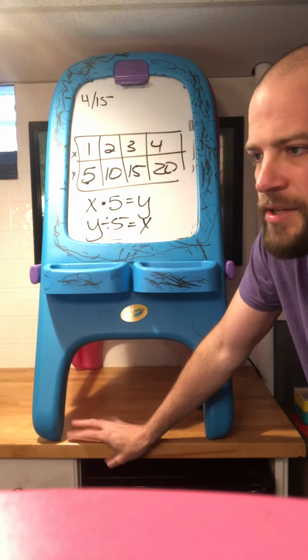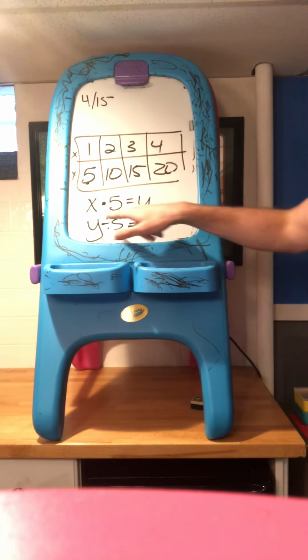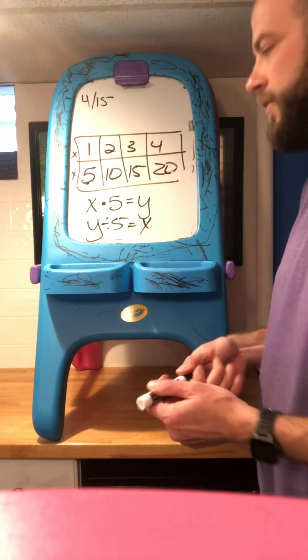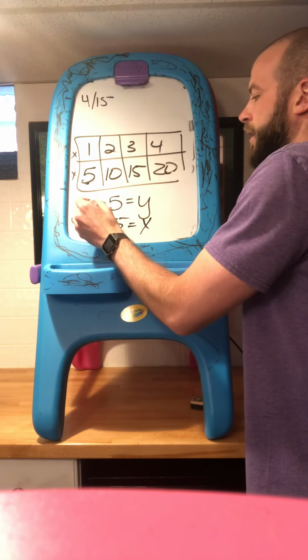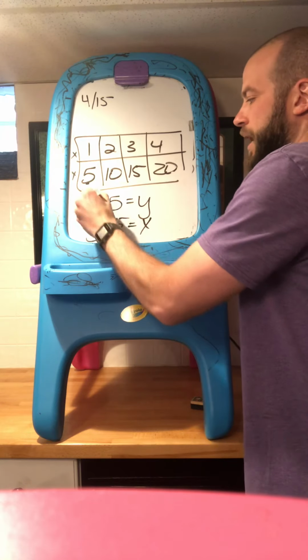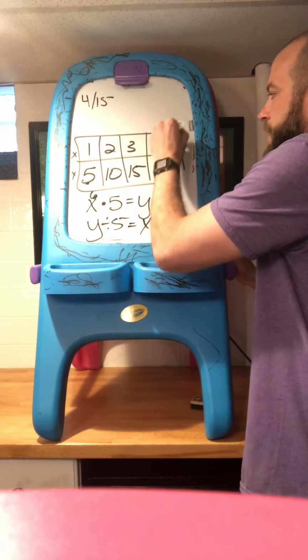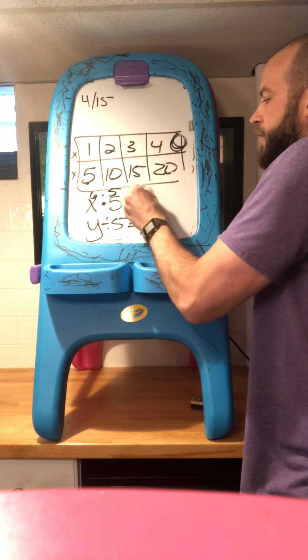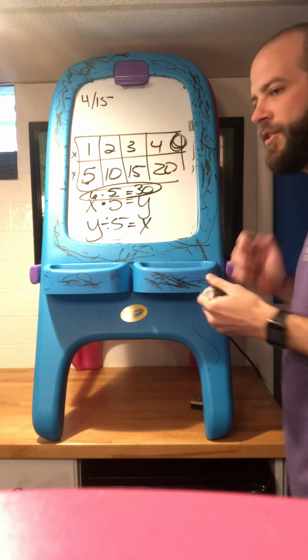And then what would it cost to download 6 songs? Well, I can use my formula if I'm feeling fancy and say, for me, I could say 6, which is the amount of songs, times 5 equals how much it costs. So in my equation, it's $30.